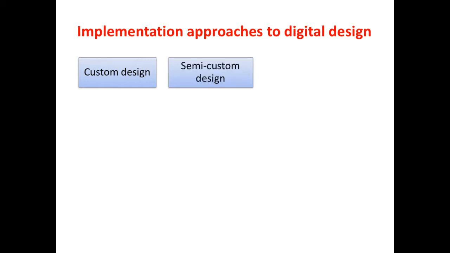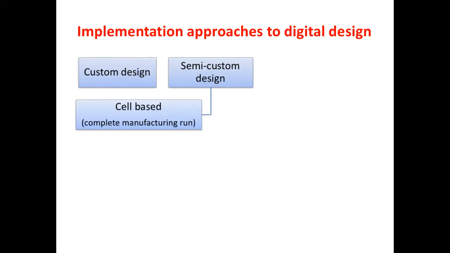Then we have what is called semi-custom design. So with semi-custom design, we mean that we are using something that has already been pre-designed. Okay, and in the case of semi-custom design, we have essentially two options.